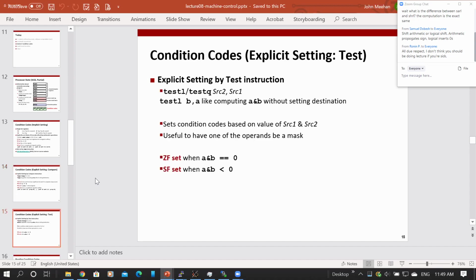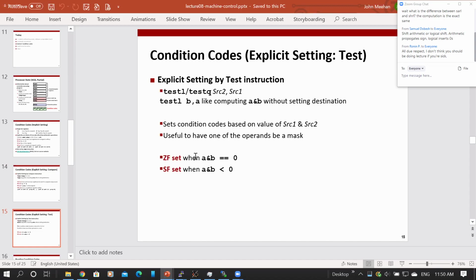We have another one called the test instruction. All it's doing is taking the two operands and doing a bit level AND of them together, right? So if I bit level AND two things together and the result is equal to 0, then the zero flag got set, right? Which means what?